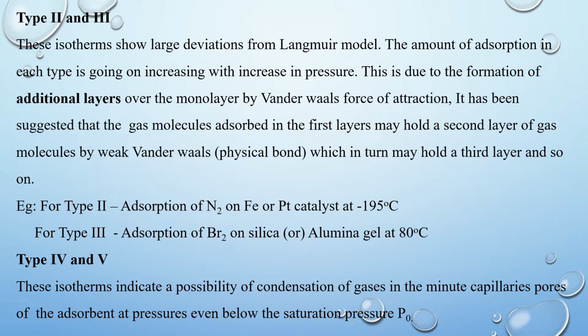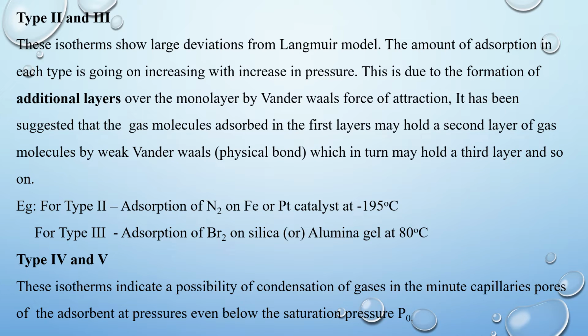It has been suggested that the gas molecules adsorbed in the first layer may hold a second layer of gas molecules only by weak van der Waals force, which in turn may hold the third layer and so on. For example, for the type 2 isotherm, adsorption of nitrogen on iron catalyst at 195 degrees centigrade. For the type 3 isotherm, the example is adsorption of bromine on silica or alumina gel at 80 degrees centigrade.